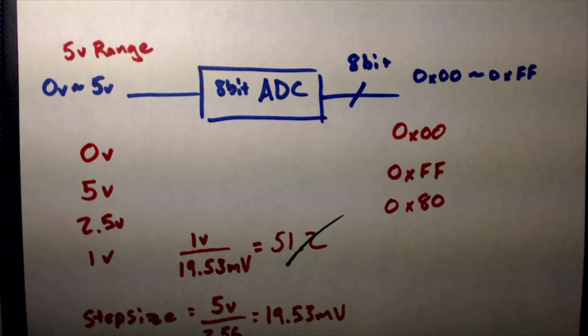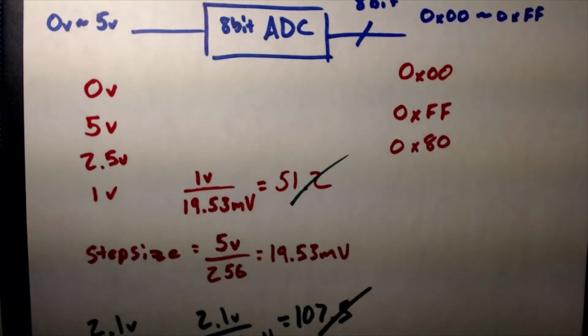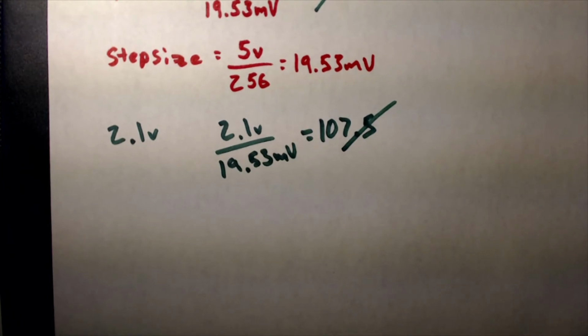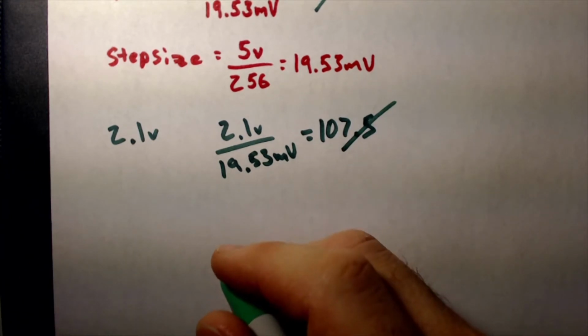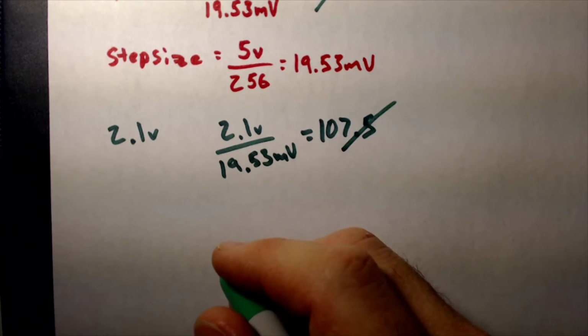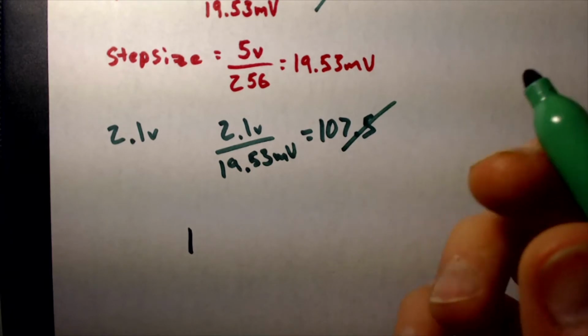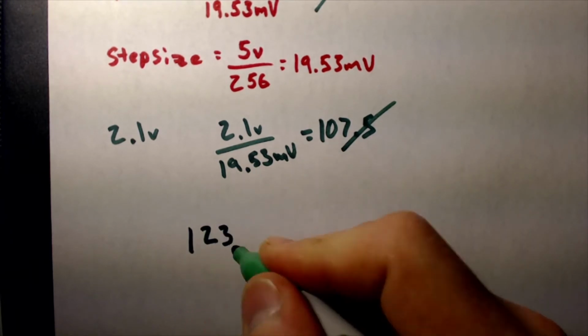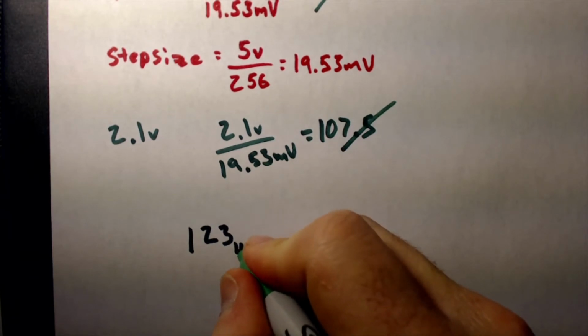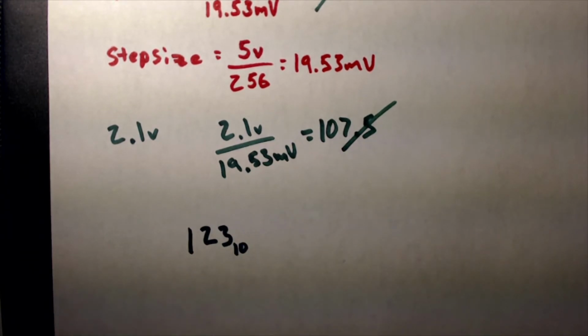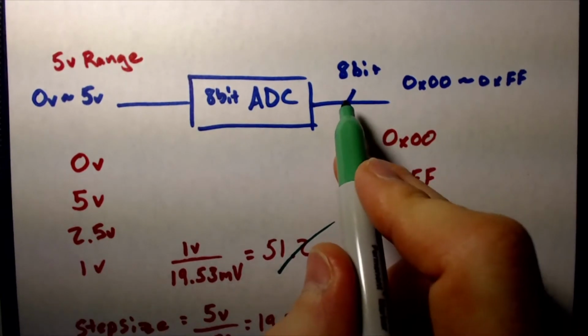What about if we were going to go in the other direction? What if I had a conversion that gave me a value of, let's see, pick one. Let's say I got the number 123 base 10. So from 0 to 255, I got the number 123 on the output from this digital converter.